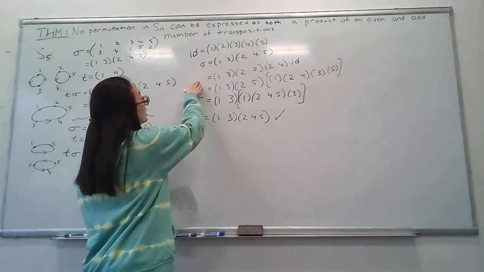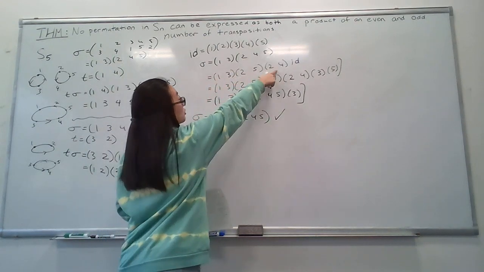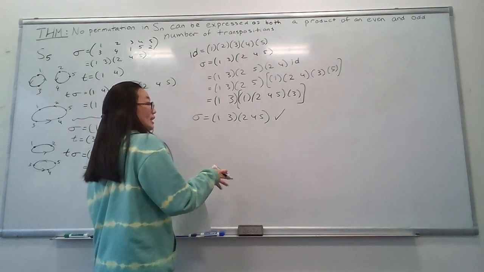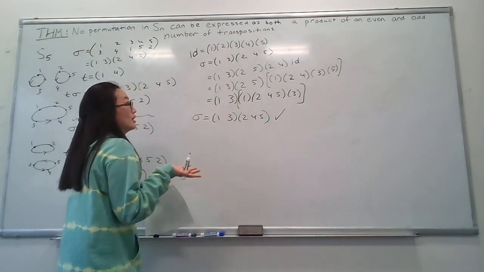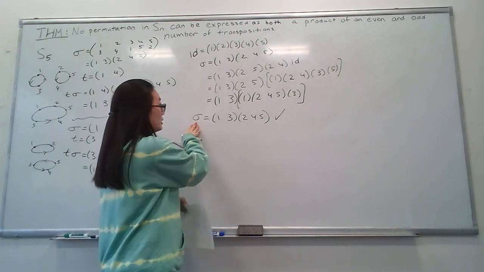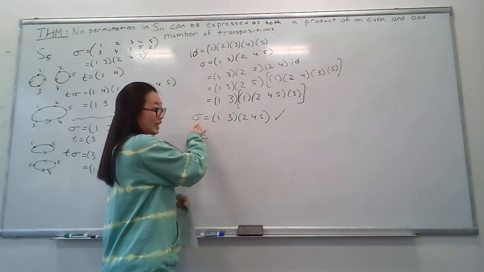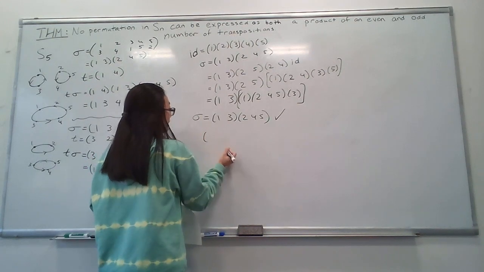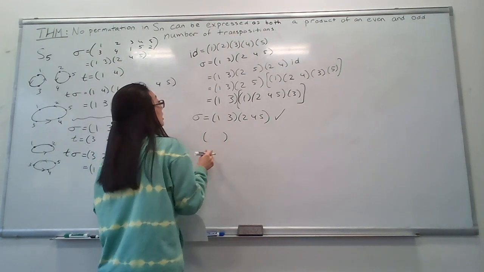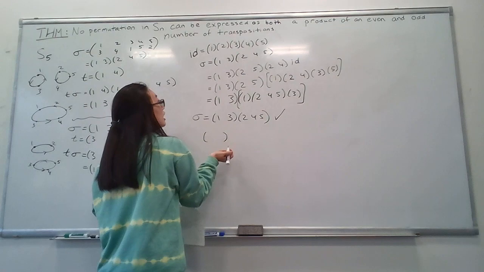Well, our permutation here was composed of 3 transpositions, so this is an odd permutation. And our question is essentially like, can we write this permutation with an even number of transpositions? So let's try adding any other transposition to our permutation.